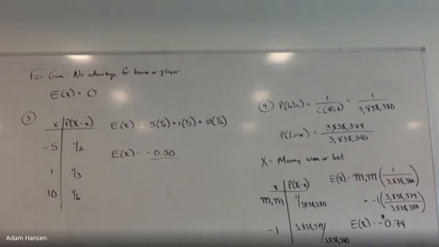On average, you'll lose 74 cents every time you buy a lottery ticket. Sometimes you win, sometimes you lose, but you're probably going to lose more than you win.